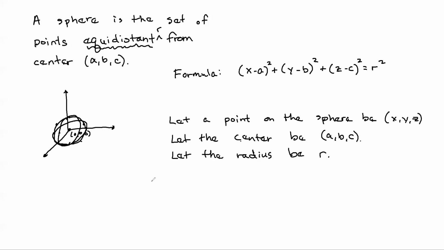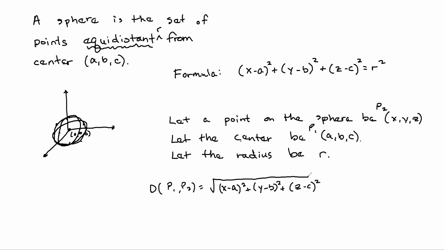And so we could go through and use the distance formula. Let's say this is P2, this is P1, and so the distance between P1 and P2 equals the square root, right? And it's going to be P2 minus P1, so we're going to get x minus A squared plus y minus B squared plus z minus C squared.